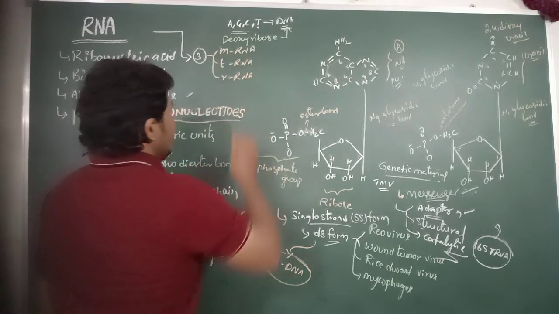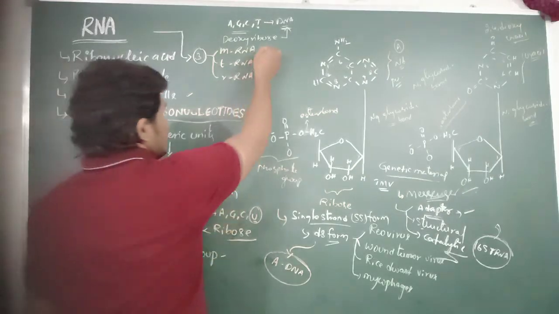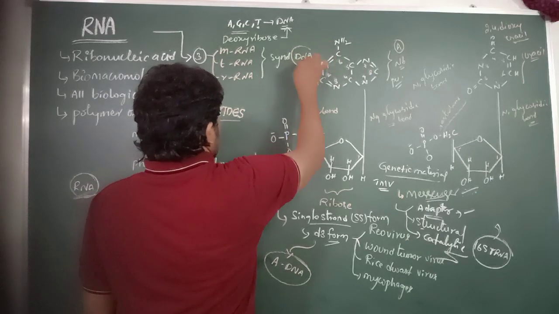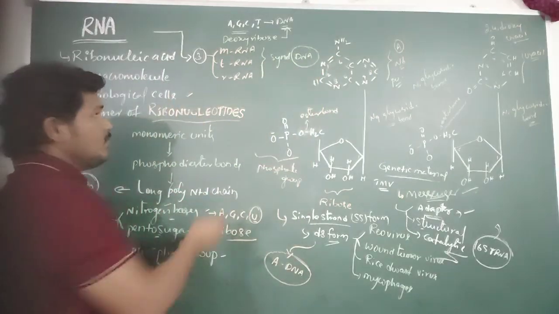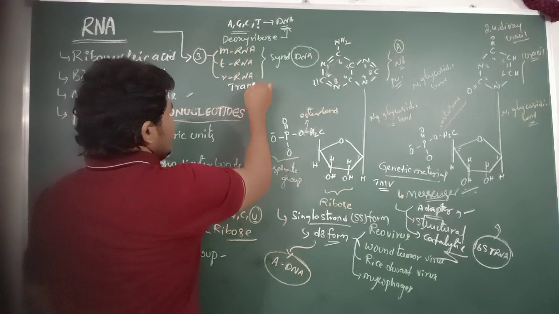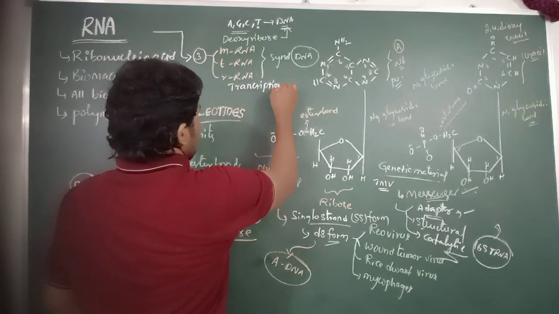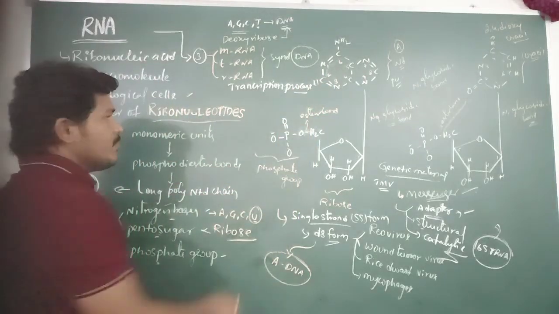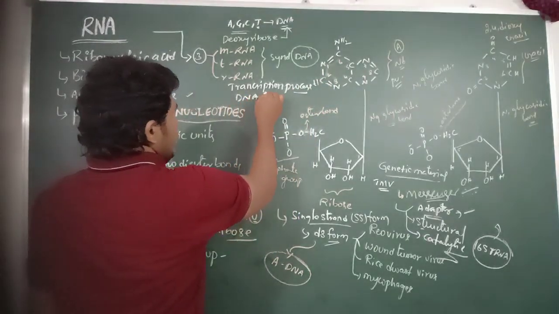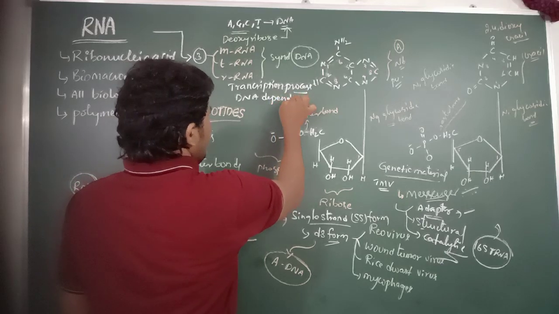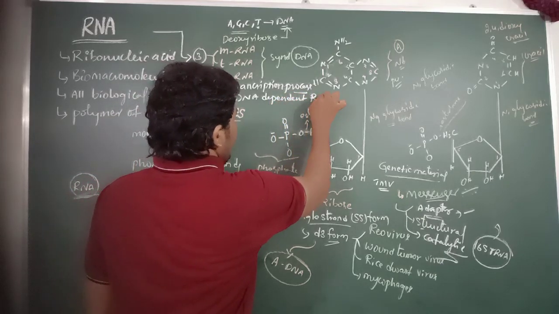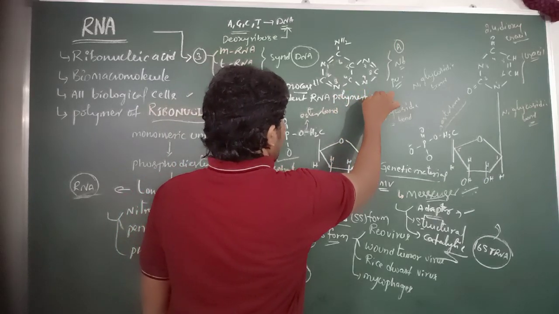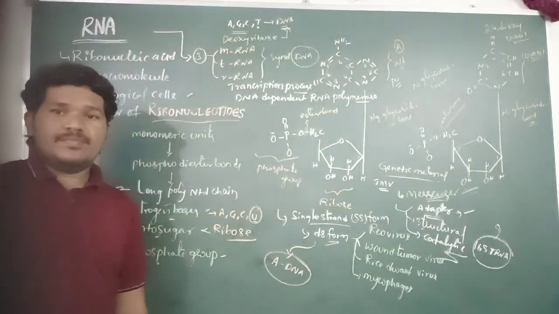These are the three different types of RNA molecules synthesized from the DNA molecule by the transcription process, catalyzed by the enzyme DNA dependent RNA polymerase.